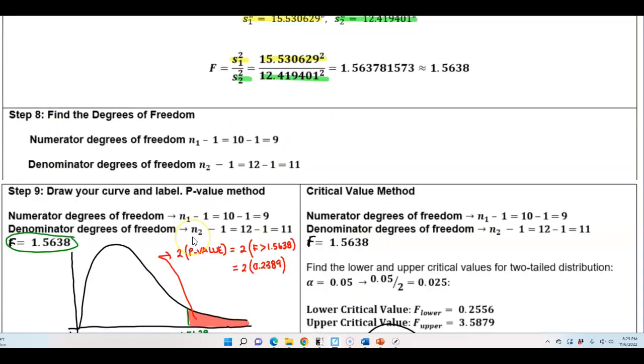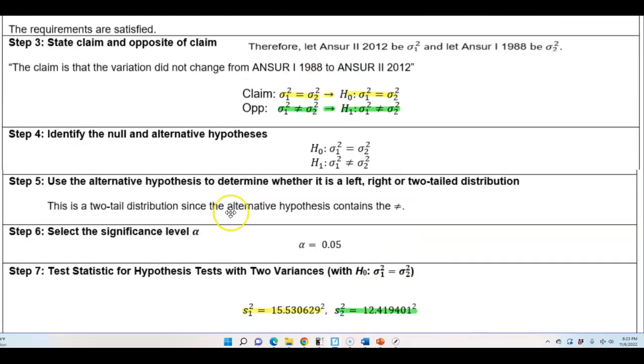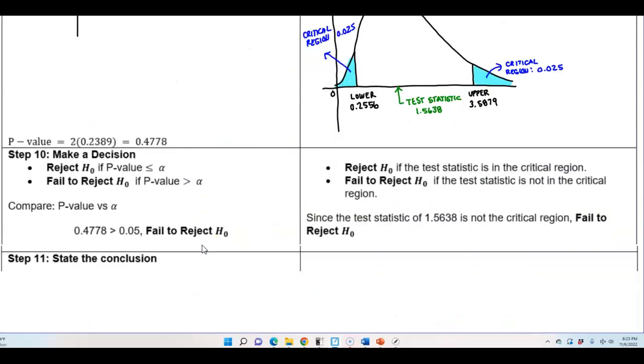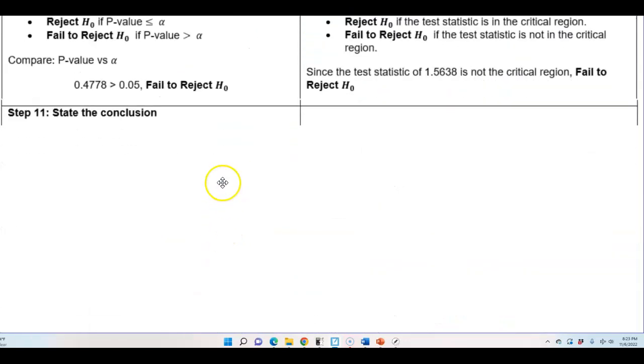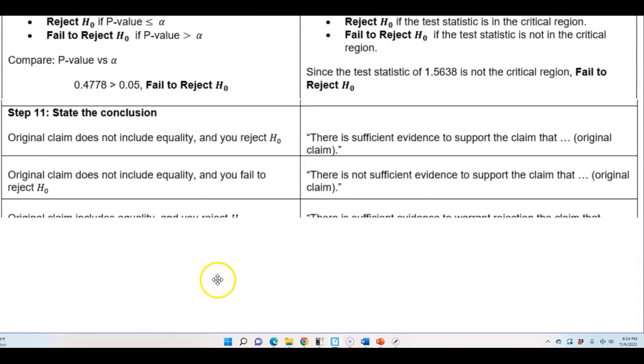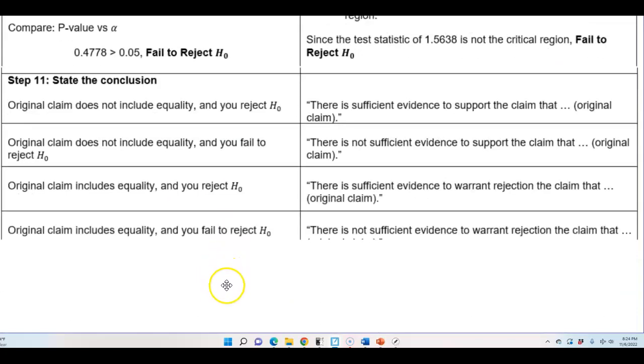Now, going back up to the claim, the claim shows equality, and we failed to reject the null hypothesis. So we're going to come down here to the very end and choose the following. At the very end here, it says the original claim does include equality, and we failed to reject the null hypothesis.